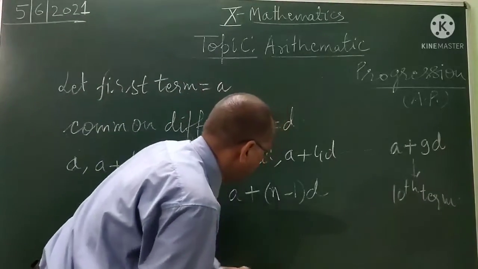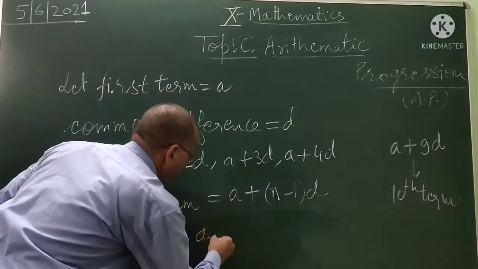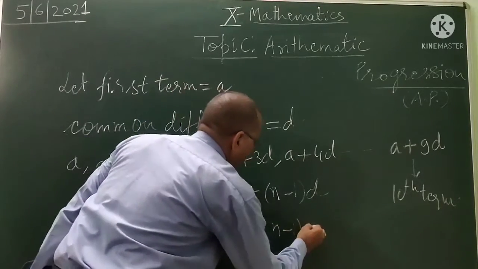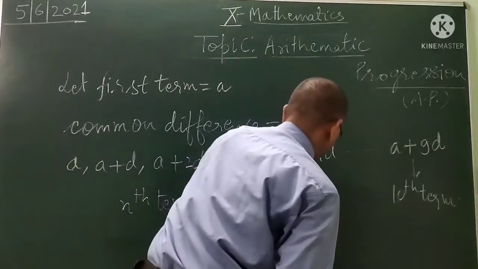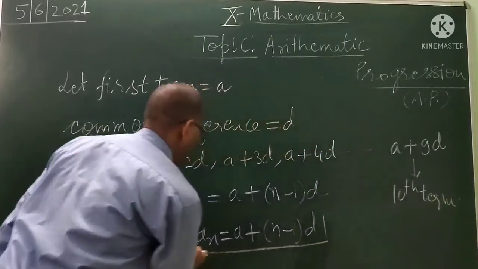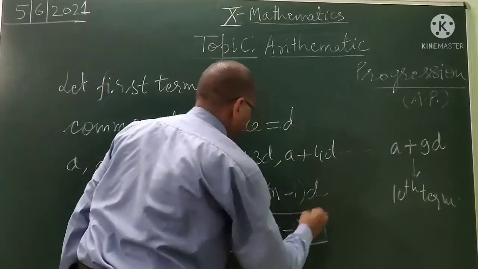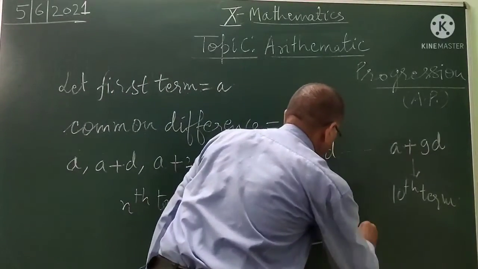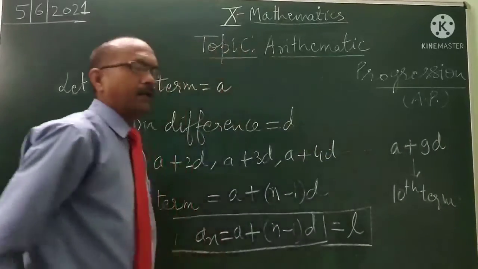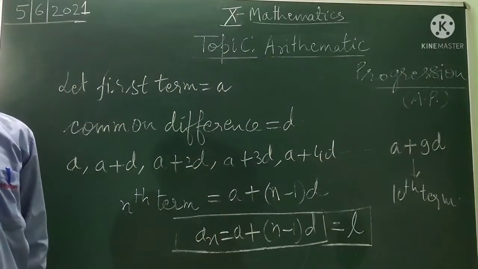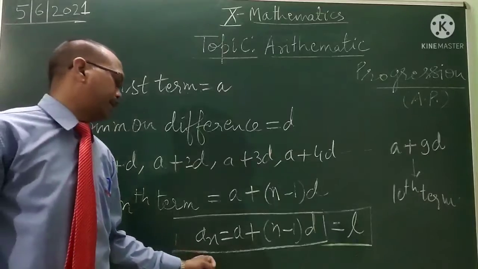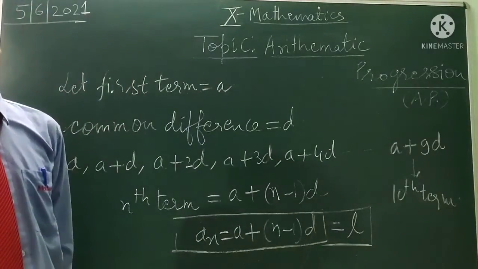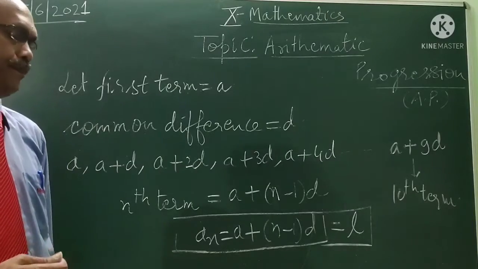The nth term an is equal to a plus n minus 1 into d. It is also called the last term, so we can write L also. Sometimes it may be the last term also.